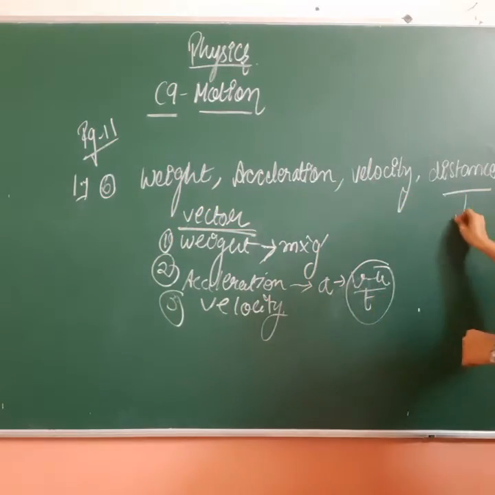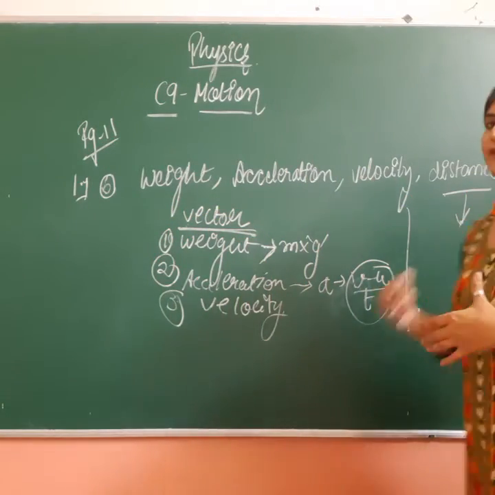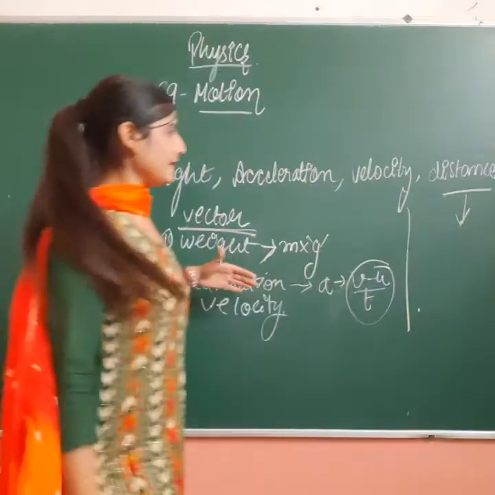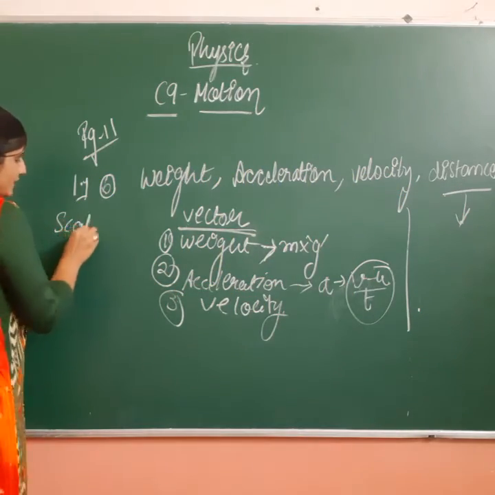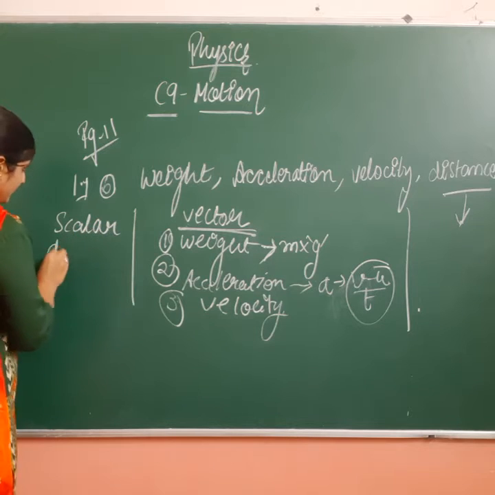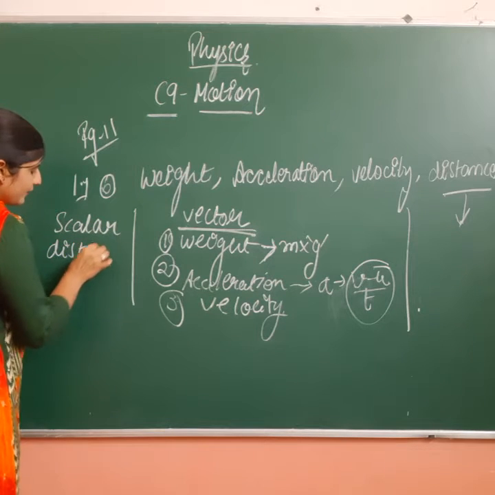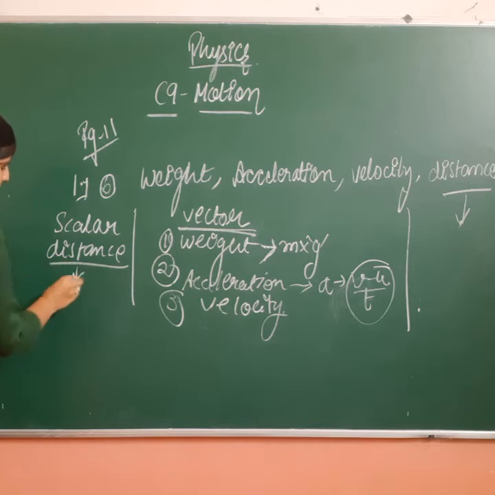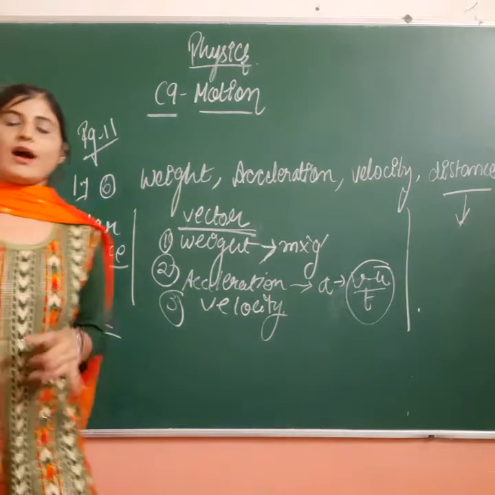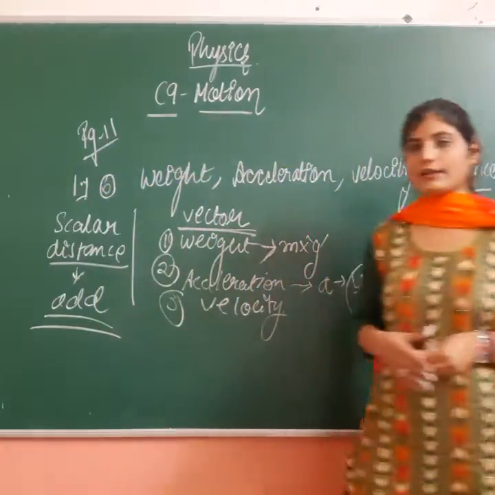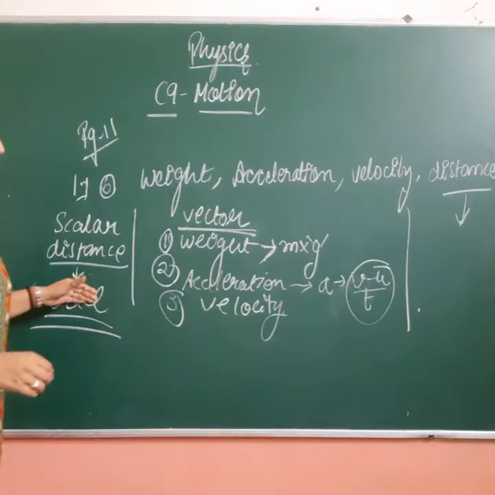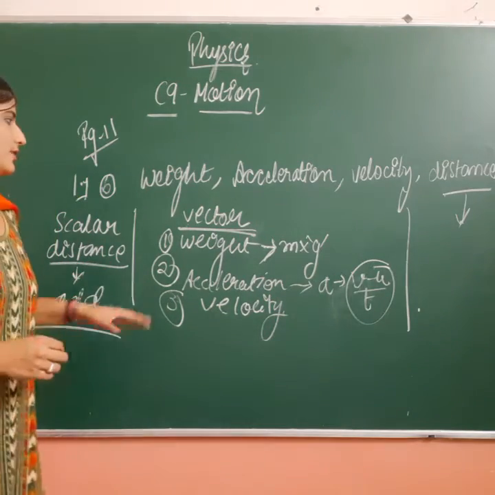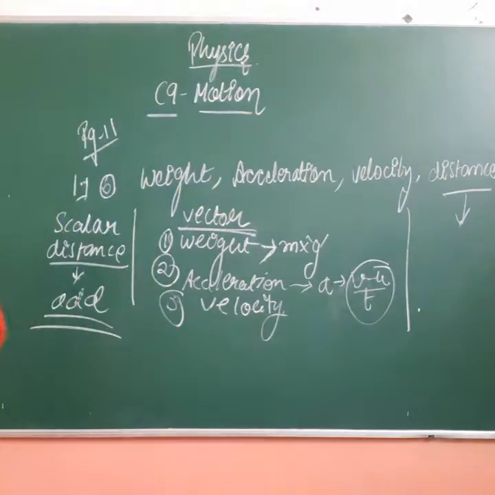From the definition of distance and its difference, I have clearly told you that distance is a scalar quantity. So the scalar quantity is distance. That is why distance is the odd one. Is that clear? Why is distance taken out as the odd term? Because only distance is a scalar quantity. Fine. Just note it down quickly.